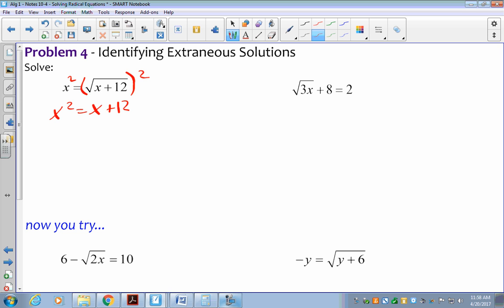I know you guys have tried to block the last chapter from your brain, but this is a quadratic equation. Remember, we pull everything over onto one side of the equation. I'm going to try to factor this. So I'm going to subtract x and subtract 12. So I get x squared minus x minus 12 equals 0.